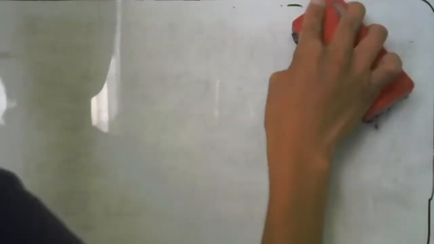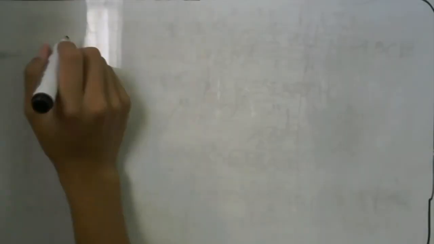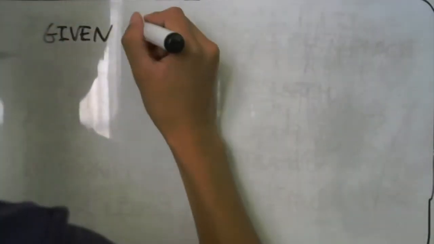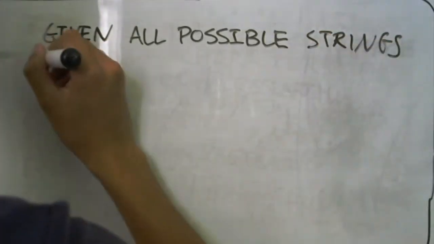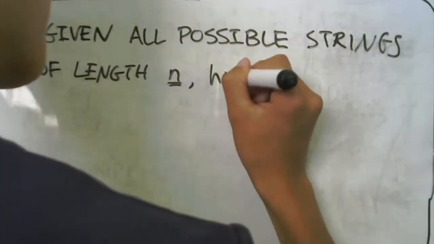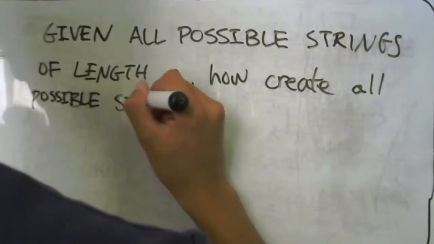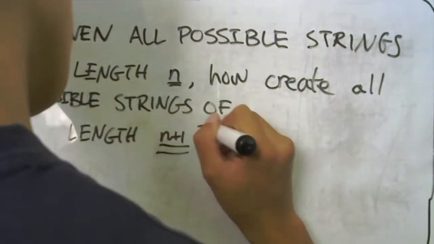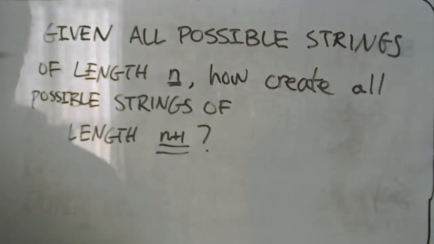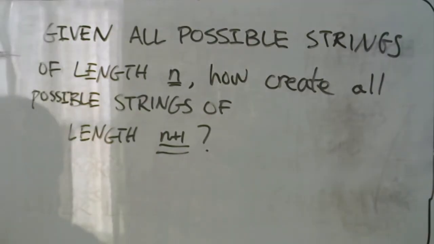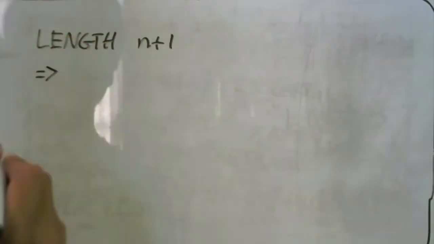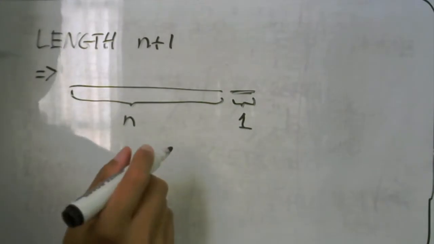Let's talk about how we could generalize this example to generating strings of larger and larger length. And we're going to do it step by step. That is, we're going to try to use all the strings of length n to figure out what the strings of length n plus 1 are going to be. And the key observation is this.